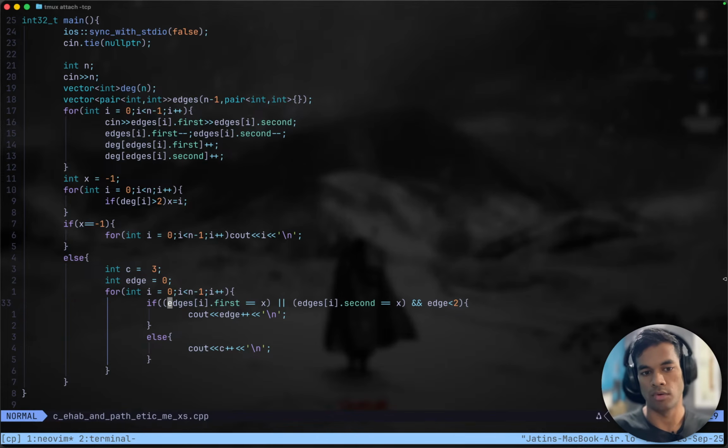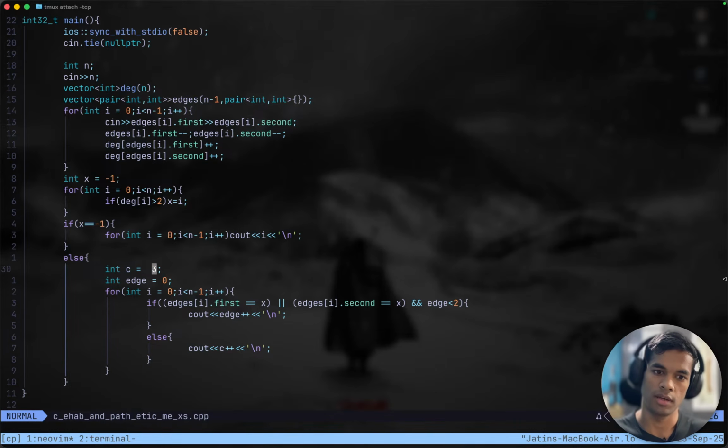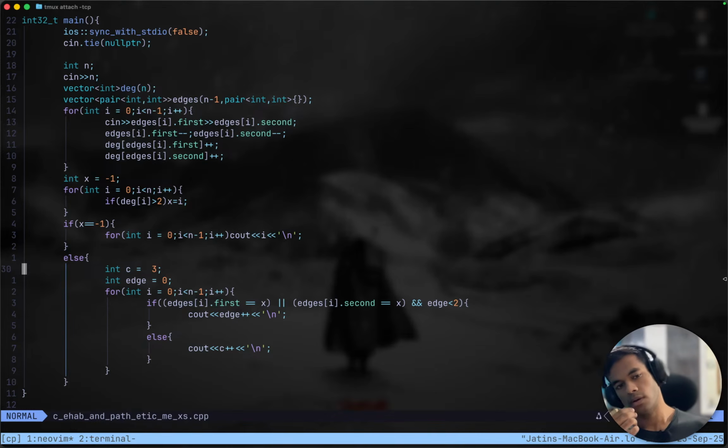And then whenever we encounter one of the edges connected to that X node that we are looking for, and the edge is smaller than 2, then only will we do this edge output. Otherwise, we output C, which starts from 3, because 0, 1, and 2 are reserved. I don't know how or why this would be wrong.